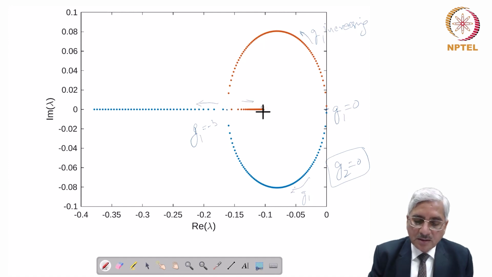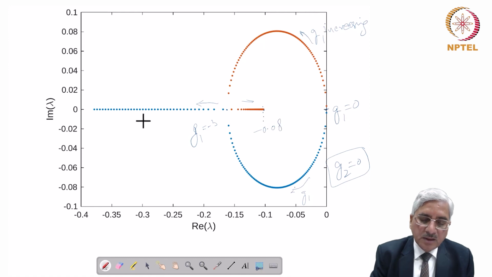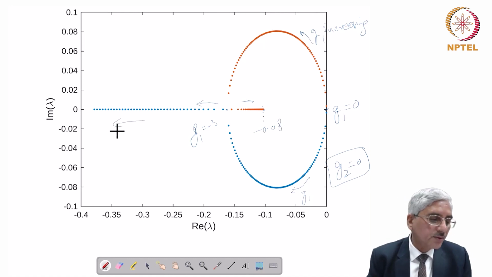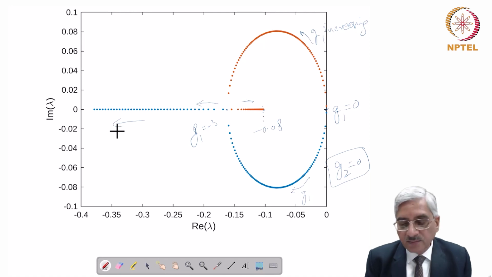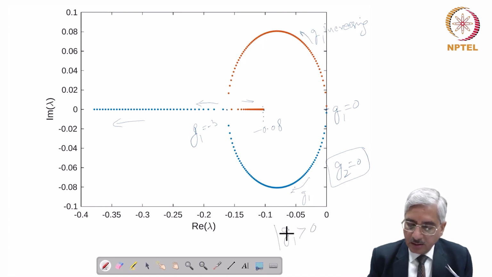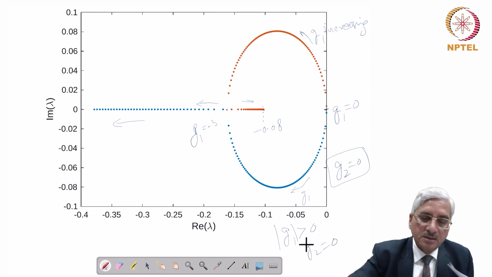This one reaches up to minus 0.08, and this one keeps going to infinity. So this is the way that pair of eigenvalues behaves. That means if we change G1, we can stabilize the reactor for G1 greater than 0 and G2 equal to 0. It is possible to stabilize the reactor.